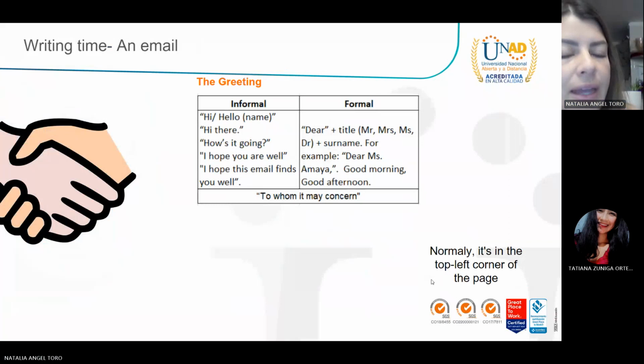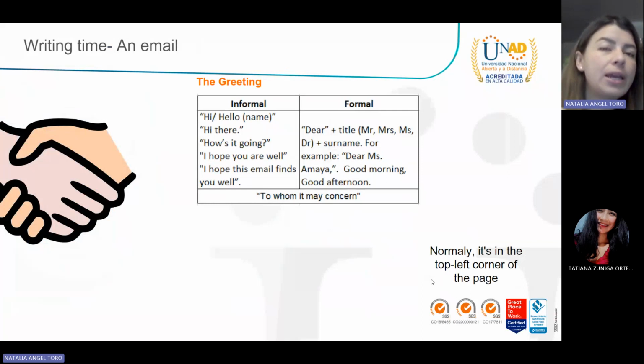Every email has to start with a greeting, but it depends if we are talking with close people, for example family or friends, or some partners or mates. If we are talking in that way, we can use informal language.